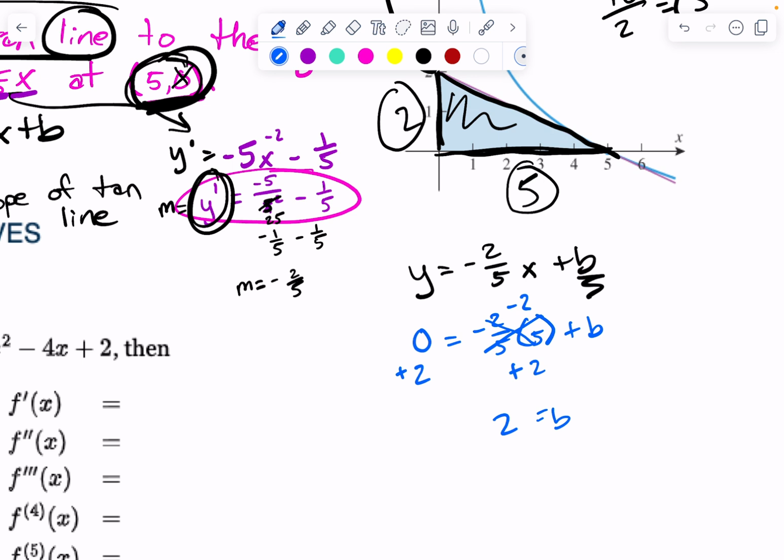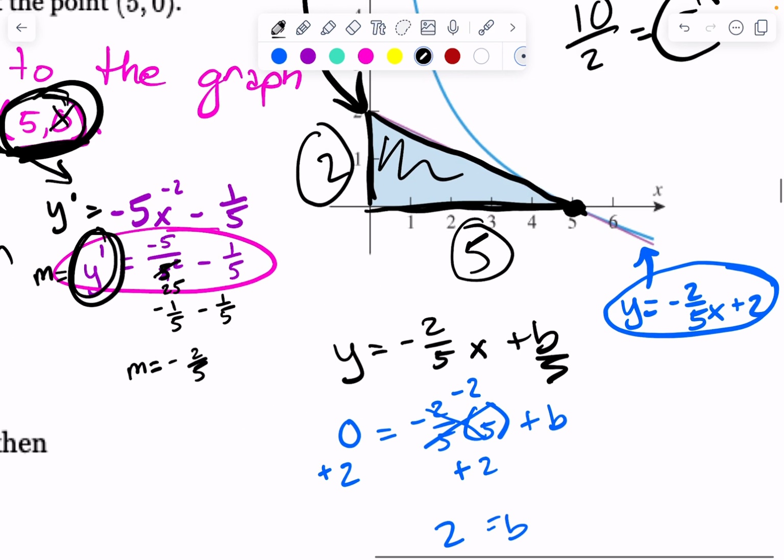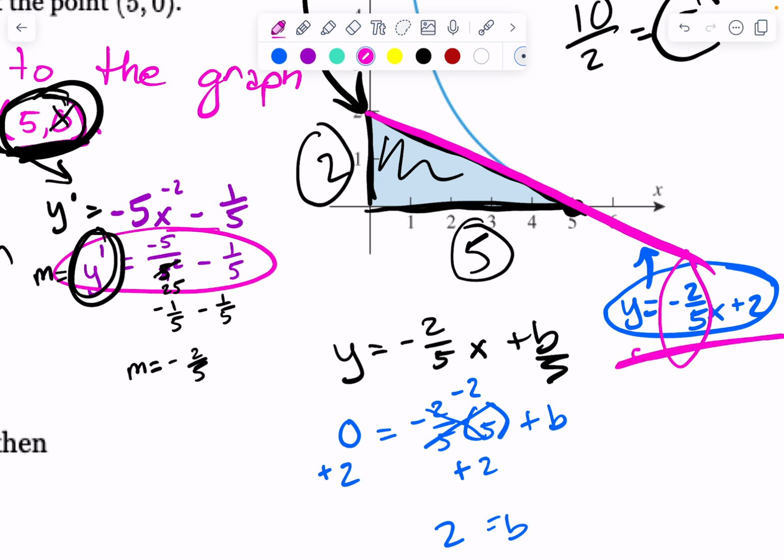So my final answer for the whole equation of that tangent line is y equals negative 2/5 x plus 2. If I'm asking just for the derivative at this point, at 5, like just for the slope of this tangent line, that would just be negative 2/5. But the whole equation of that tangent line, if I plug in x and y, is this whole thing, okay?